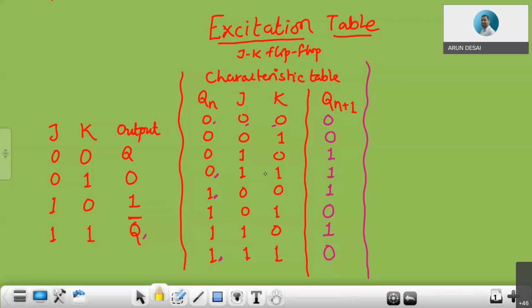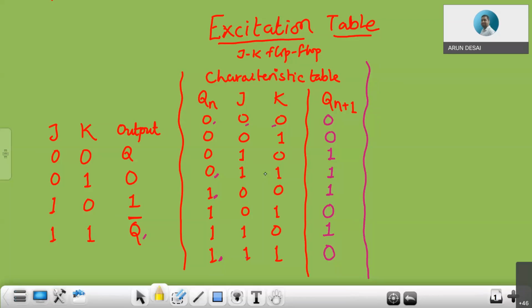So based on these input and output combinations, we find the next output, and this covers all cases, and this is referred to as the characteristic table. Now, what is an excitation table? From the present state, what minimum inputs are required, shown in tabular form, is basically referred to as the excitation table.